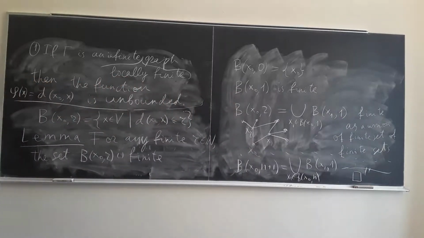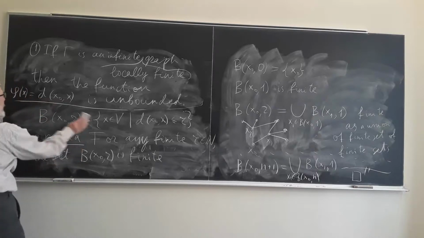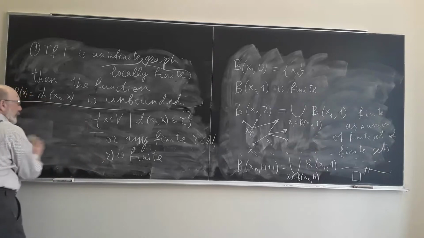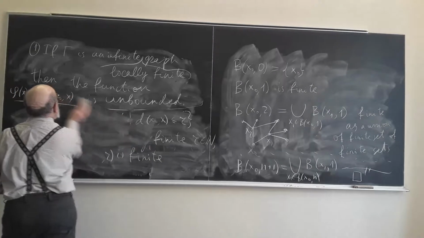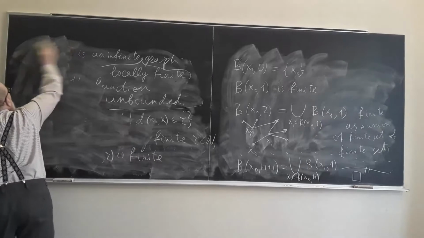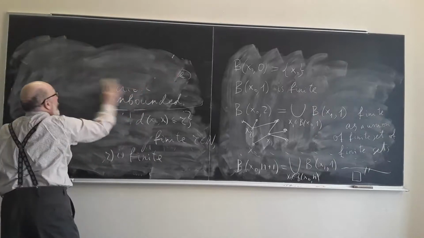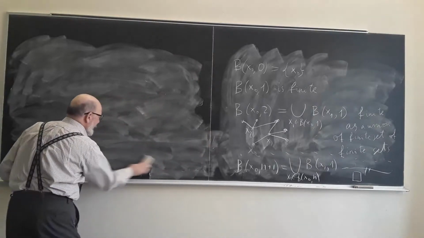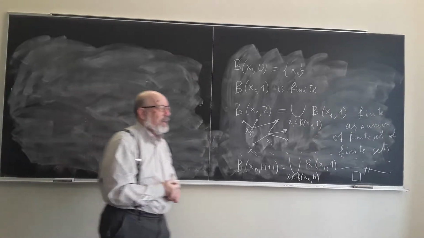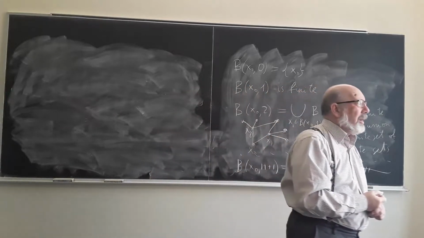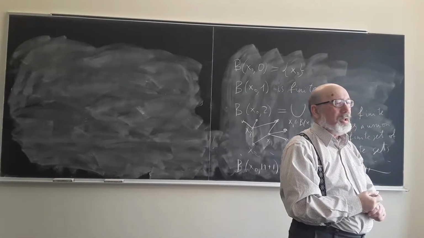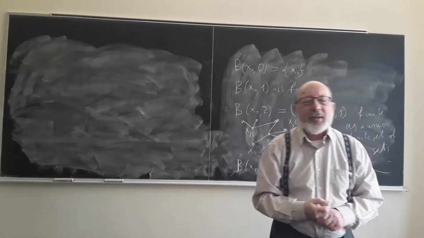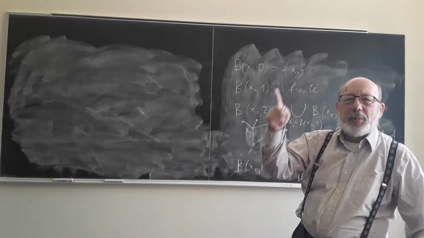Now, again, let me consider a counterexample to our theorem. I want to give an example of a graph such that this graph is infinite, this function is unbounded, and nonetheless it has no infinite path.